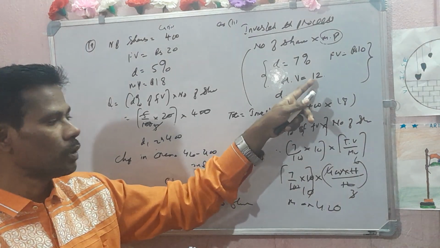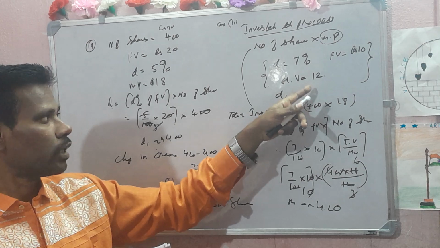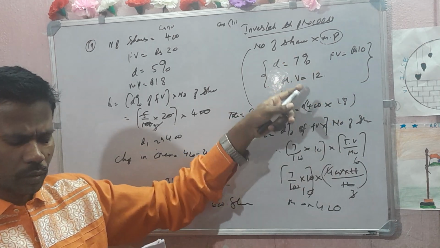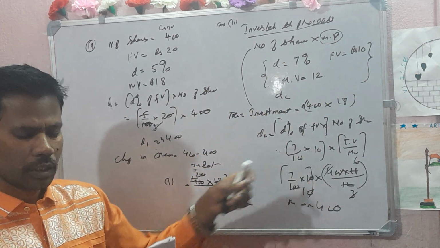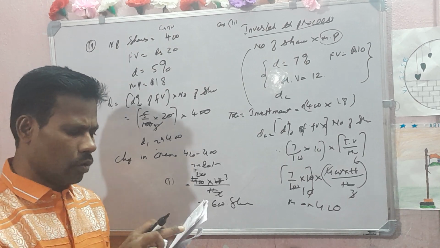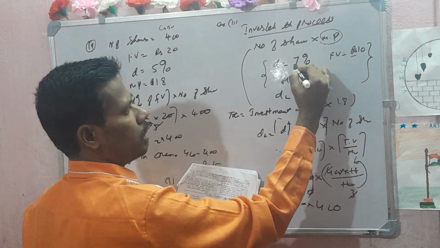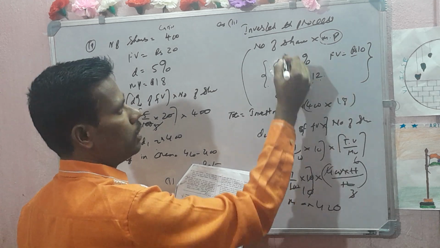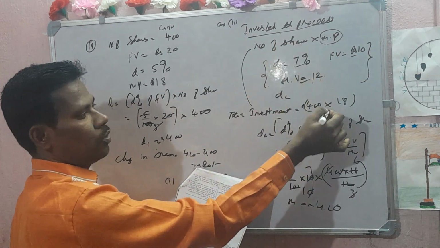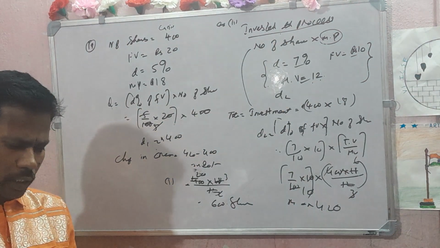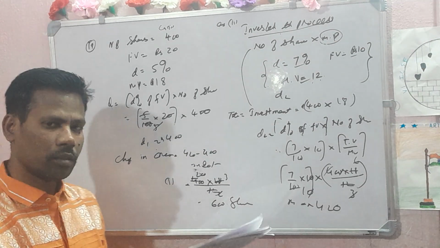Don't consider this rupees 12 as related to the other one. So this is case 2: face value is given as 10, dividend given, market value given as 12, sale proceeds is this one. Very simple, no confusion in this.